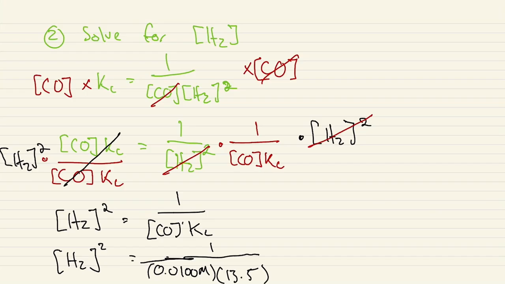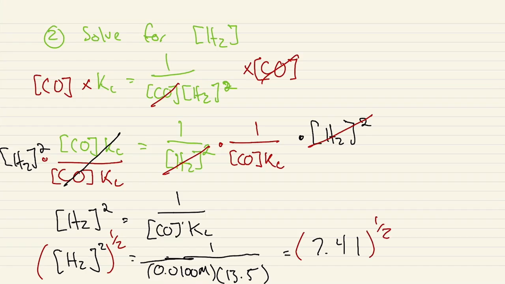Right, if we do that, then we get some value in the denominator, 1 divided by 13.5. This will give us something like 7.41. And are we done there? No, why? Squared. We still have, this is solving for the concentration squared. So now how do we isolate that? Square root. Yep, square root both sides or raise both sides to the 1/2.